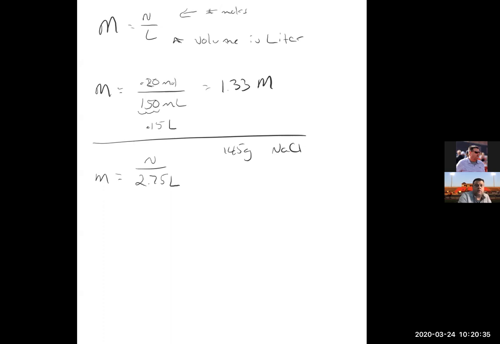So this is where I have to go through, and this is stuff we've done before. I need to figure out how many moles I have of sodium chloride. So if I look up on the periodic table, I look up the mass of sodium, which is 23, and then I look up the mass of chlorine, which is 35.45.